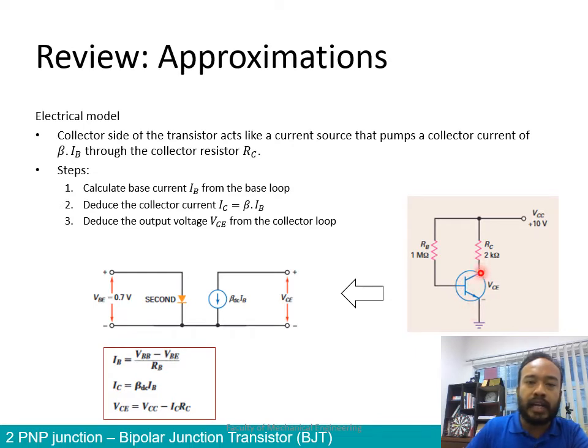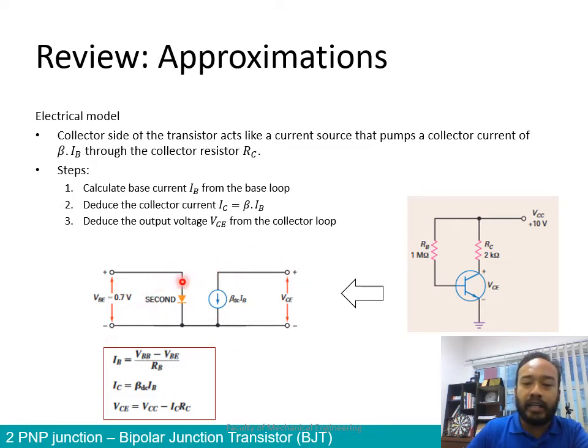The collector side functions like a current source, which can be modeled as a current source that pumps a current proportional to IB. Across the BE junction, the PN junction of BE, we have 0.7 volt that switches on the transistor.